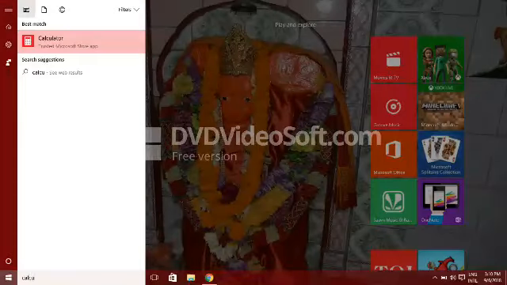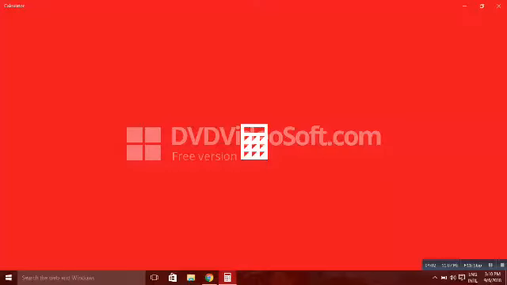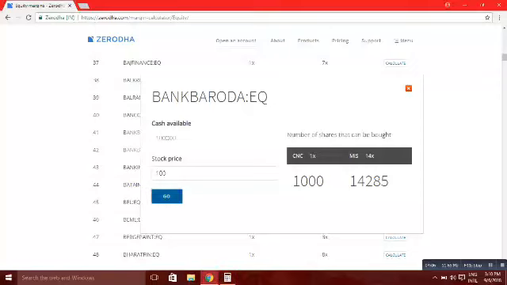Let's see how much profit we will get if we go for intraday purpose, and we are getting 14,285 shares of Bank of Baroda. I am talking about equity.